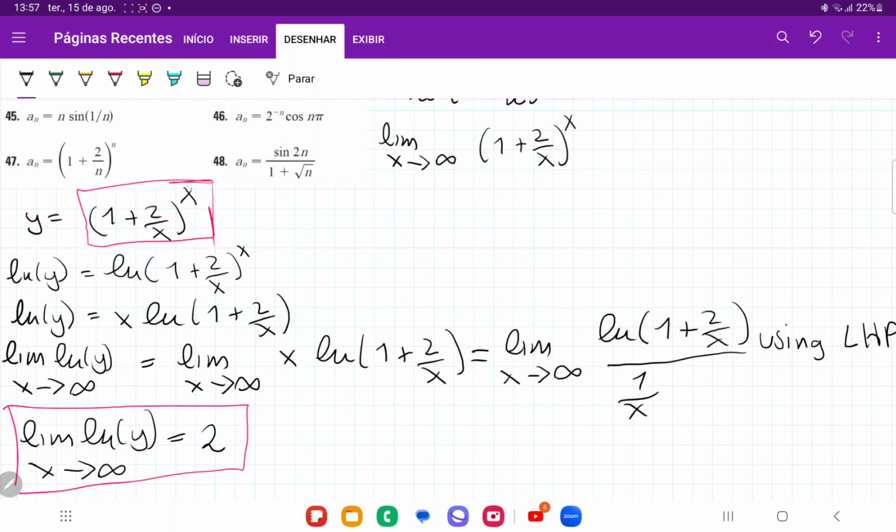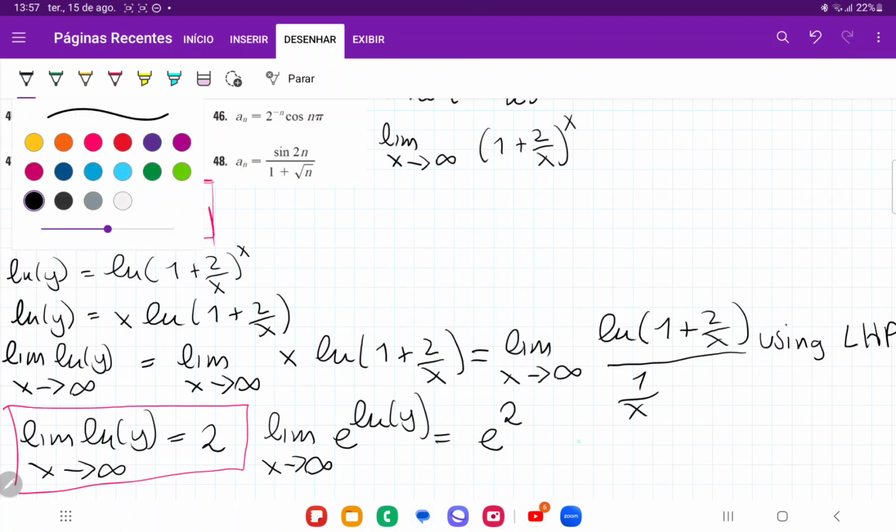So what we're going to have to do is, to get rid of this ln, we're going to have to take both sides base e, right? So we're going to go the limit as x approaches infinity of e to the ln y is equal to e to the power of 2.